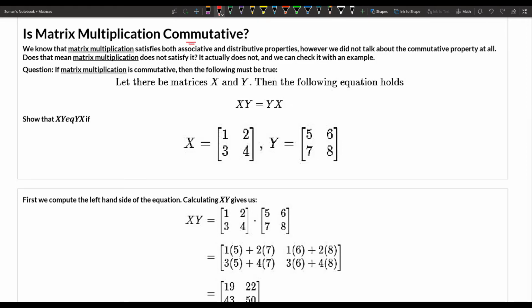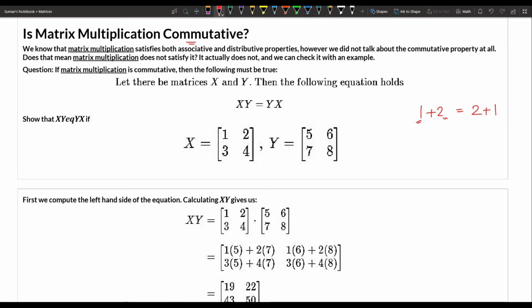What is the commutative property? Let's check it for the number system. Suppose we have 1 plus 2, so we can write it as 2 plus 1. That means at first the 1 is on the left hand of the addition operation and the 2 is on the right hand.